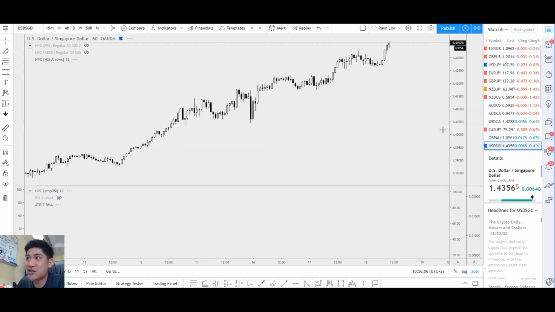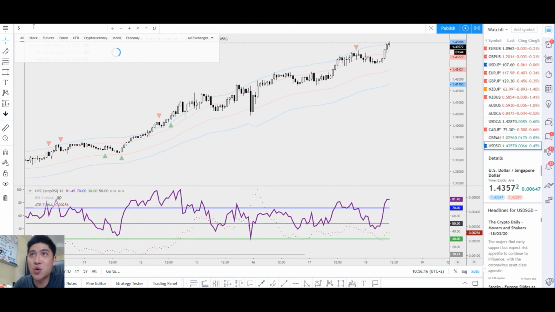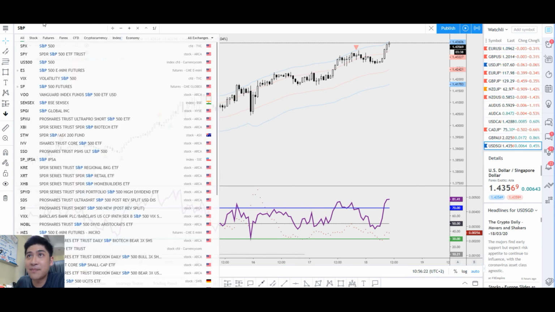Let me just share with you. I did share with you guys that the dollar sing is going to hit 1.43. It hit. All right, so S&P 500, I'm not sure what's the code. Let's try. Yep, SPX.